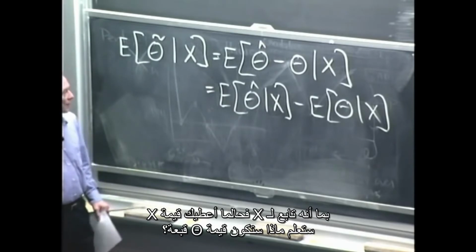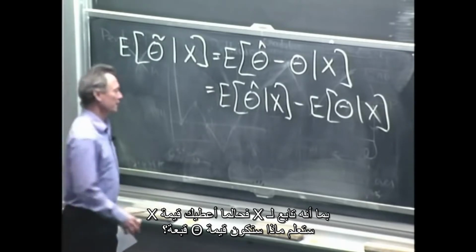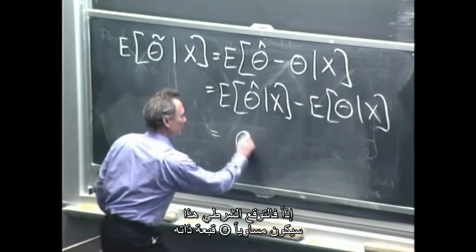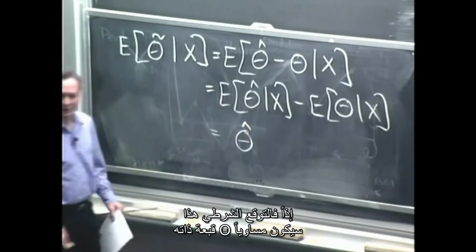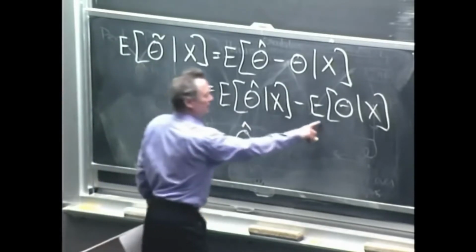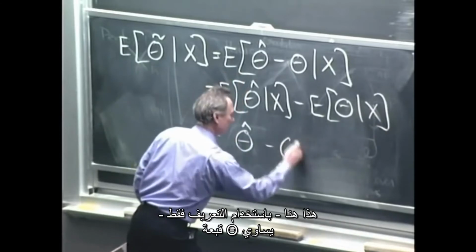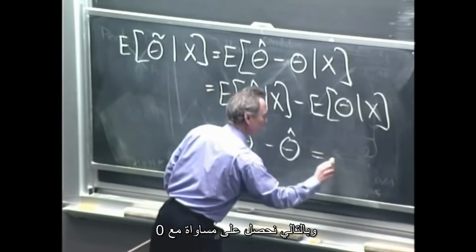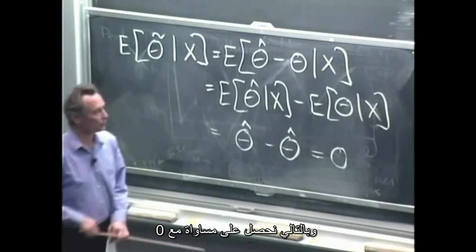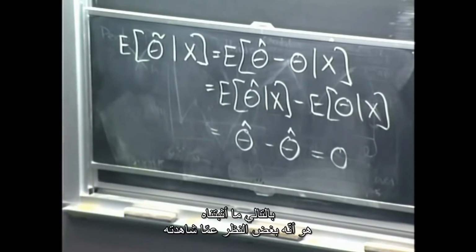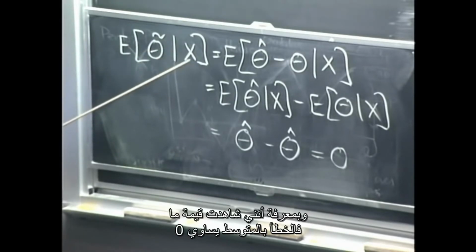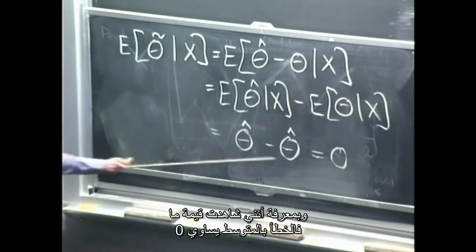Once I tell you x, you know what theta hat is going to be. So this conditional expectation is going to be theta hat itself. Here, this is just by definition theta hat, and so we get equality to 0. So what we have proved is that no matter what I have observed, and given that I have observed something, on the average, my error is going to be 0.